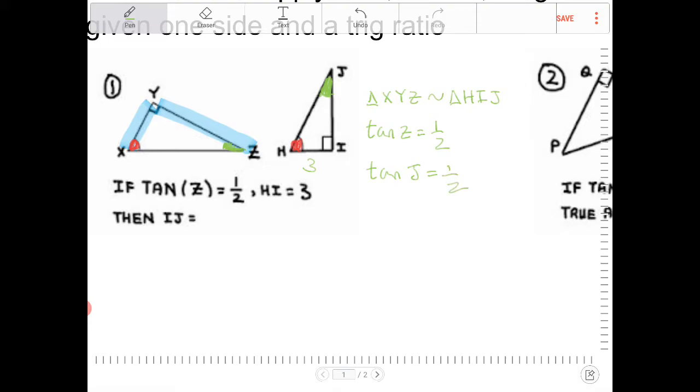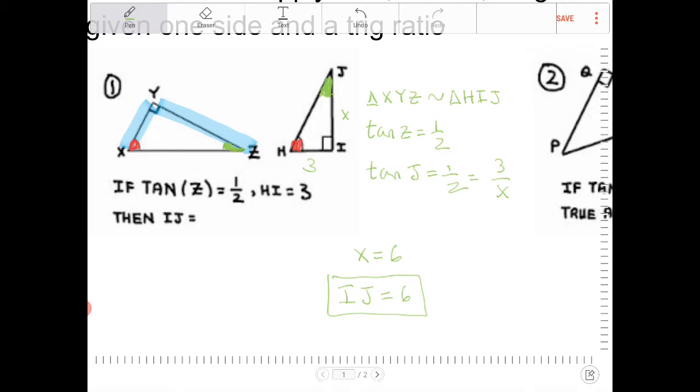And since tangent of j is equal to 1/2, and I'm given HI is equal to 3, and I don't know IJ, let me call it x, then I can say 3 over x is equal to 1/2, because opposite over adjacent is equal to tangent of j. And then I can cross multiply, and my conclusion is that x is equal to 6, or IJ is equal to 6.